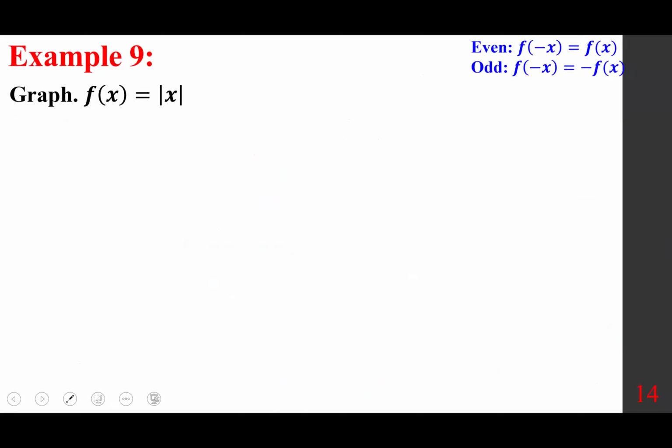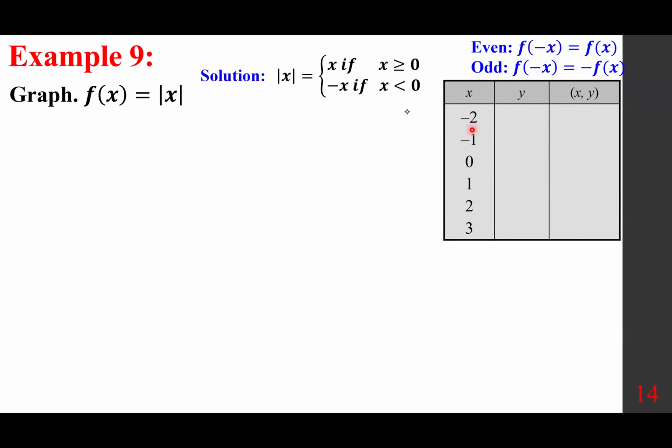Another elementary function would be absolute value of x. Absolute value of x by definition means distance from 0, which means absolute value of x is equal to x if x is larger than or equal to 0, and minus x if x is less than 0. So if you were to graph this and again pick a few pairs, whether it's negative or positive makes it positive.